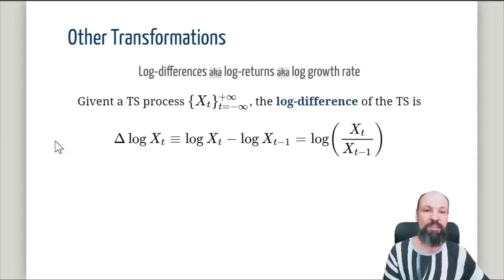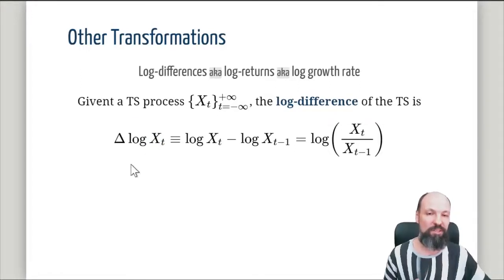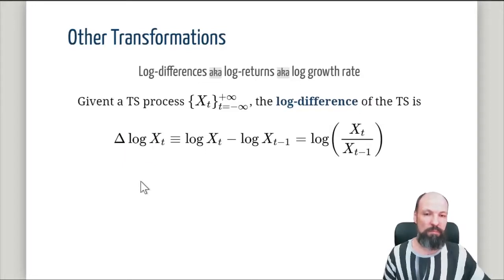So the definition is like this. The log differences is the first difference applied to logged data. So you first take the log of the original time series X, and then you take the first difference. Of course, the time series initially must be such that you can take the logarithmic transformation of it, right?